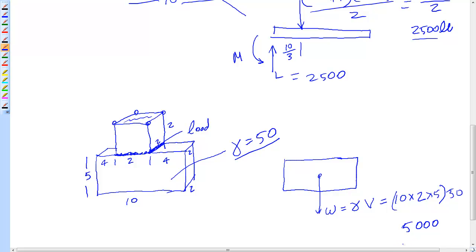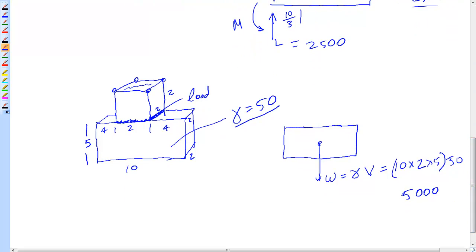Now, let's also take a look at the top of this. This thing has a weight associated with it here too. We've got some cables that are coming up here and pulling with a tension here. I'm going to assume the weight of these things are all zero. So in other words, the containers have no weight.